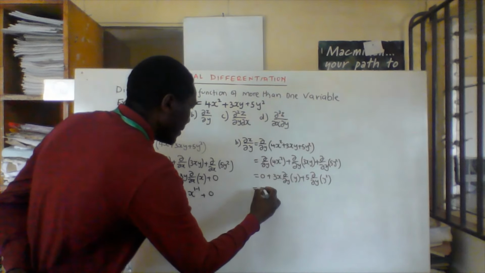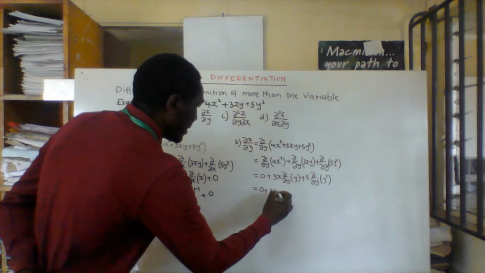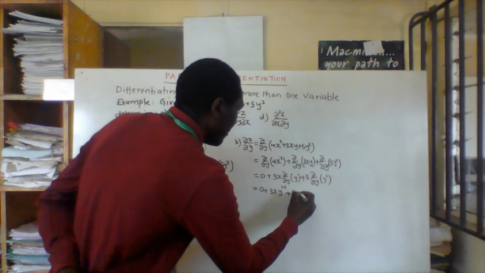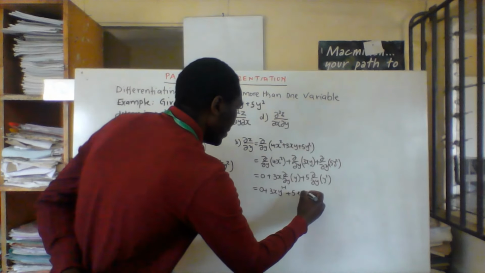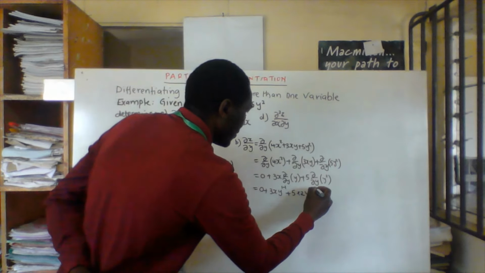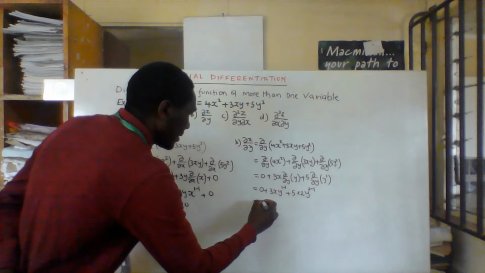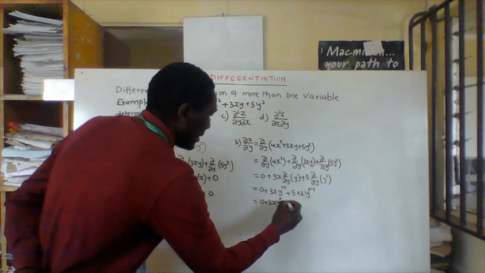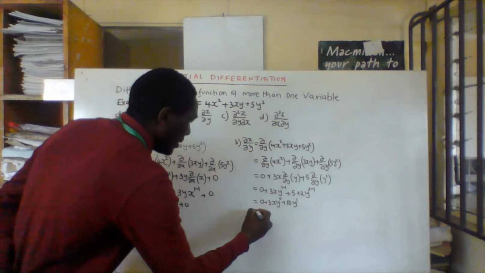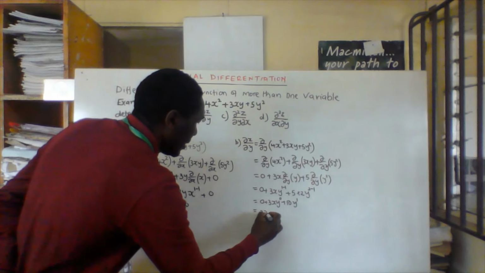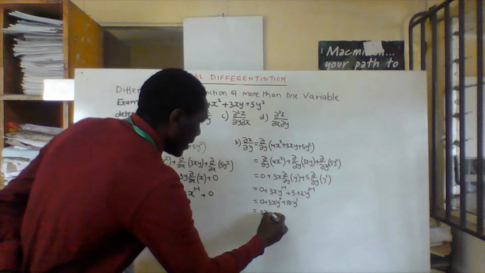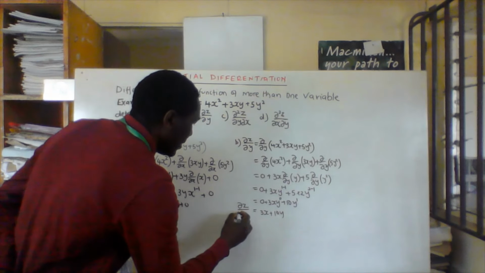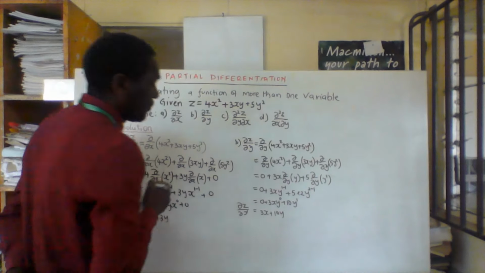So this gives us 0 plus 3x times y raised to 1, reduce it by 1, we add 5 times 2, bring the 2 down, y raised to 2, reduce it by 1. And this gives us 0 plus 3x times y raised to 0 plus 10 y raised to 1. Simplify that, we get 3x, y raised to 0 is 1, plus 10y. That is the partial derivative of z with respect to y.